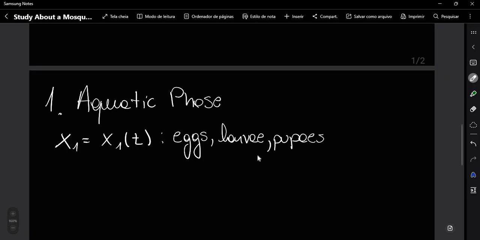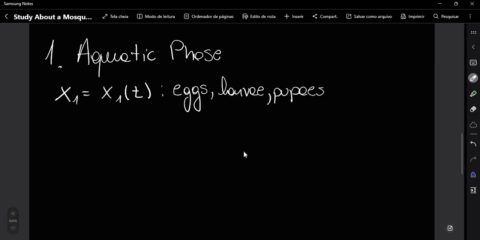So this variable represents the first stage of the development of the mosquito: the eggs, the larvae, the pupae.